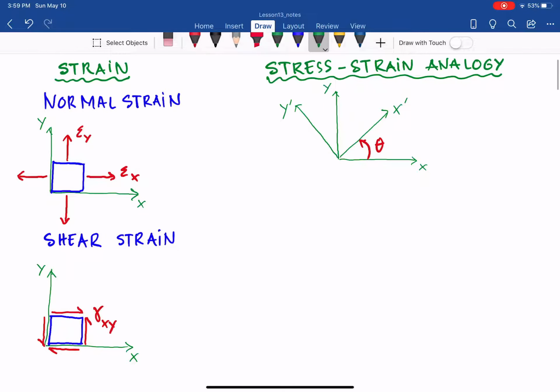In strain, it will be the same. Then how can we utilize the process that we did in the previous lesson here? That is what the analogy is all about.